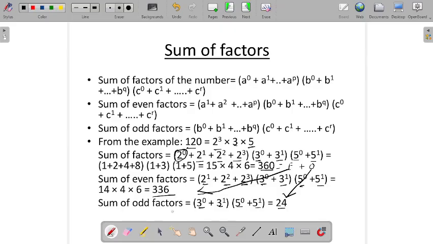And for finding sum of odd factors, we should not include the 2 value. That means we can only add odd prime numbers: 3 power 0 plus 3 power 1 into 5 power 0 plus 5 power 1. Finally we have got 24. Maybe when I am teaching you might be confused, but once you practice 1 or 2 problems, you will definitely understand.